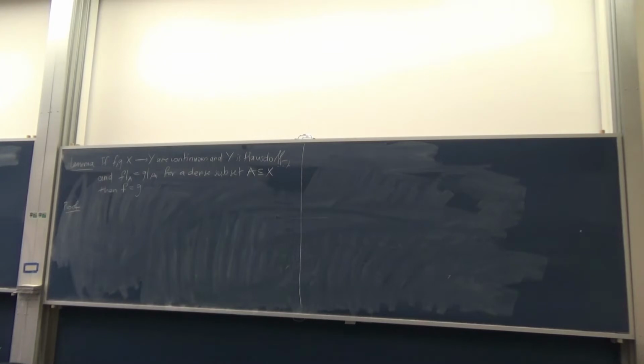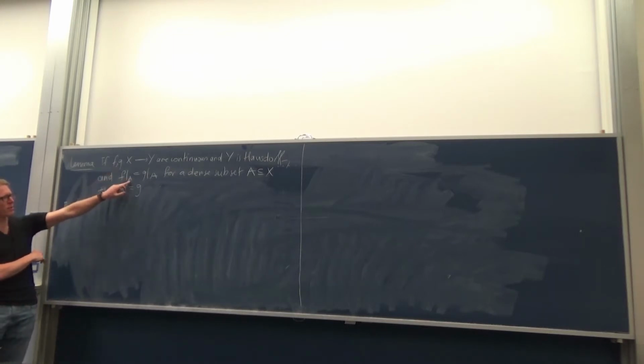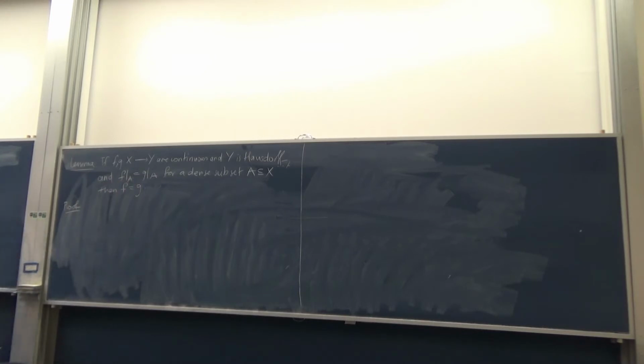Intuitively you should believe that, because think about the metric space version. Every point in X can be written as a limit of a Cauchy sequence in A. Applying F and G to Cauchy sequences commutes with taking the limit, so F must equal G on anything. So that's an argument in metric spaces, but we can prove it in general.